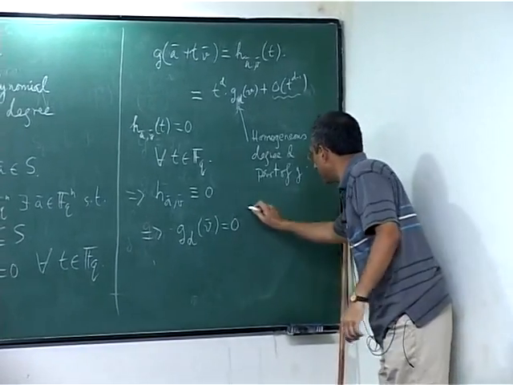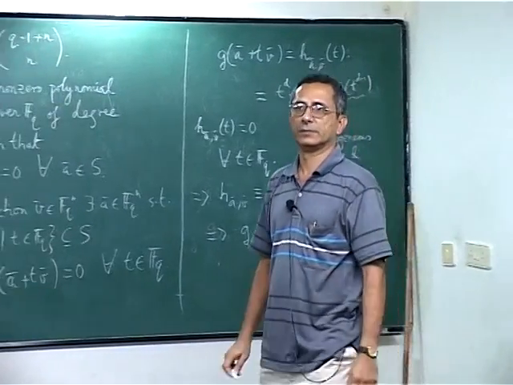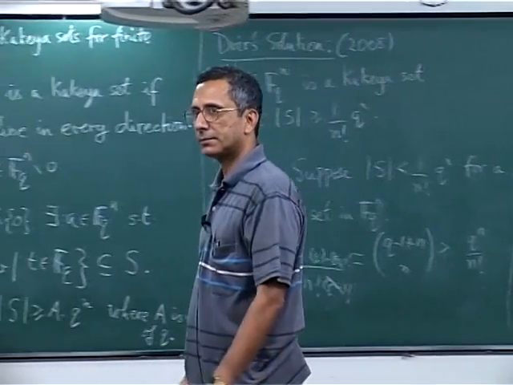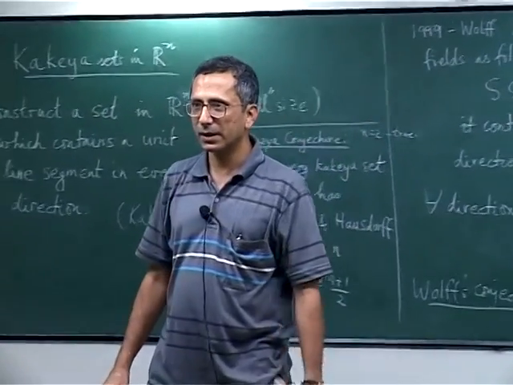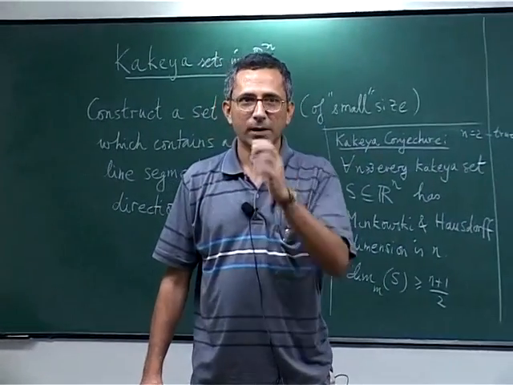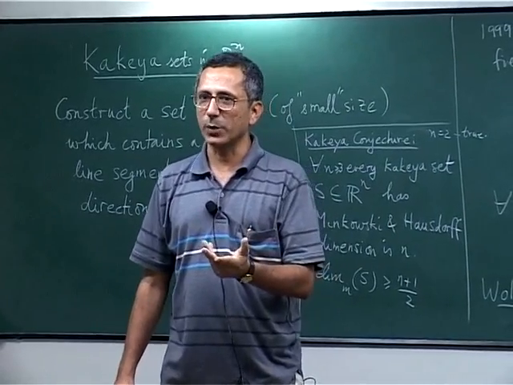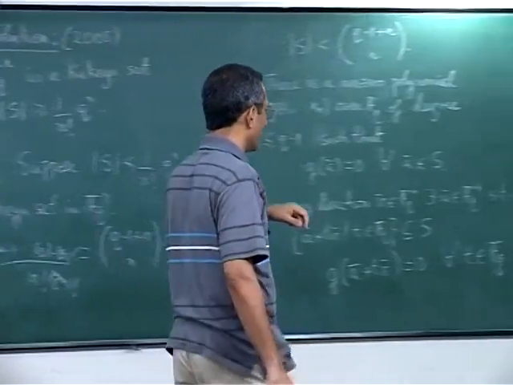So, G_D of v̄ is 0 for every v̄. Is that possible? It's a non-zero polynomial of degree at most q minus 1.